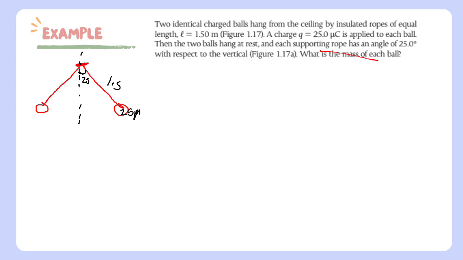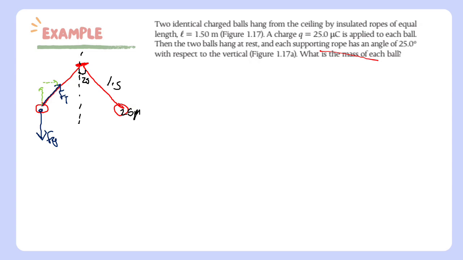We want to find the mass, but first of all, let's draw the force diagram. We have gravity, as always, and the force of tension. Let's label them. The force of tension, we can break down into its components. And yeah, this is our force diagram.